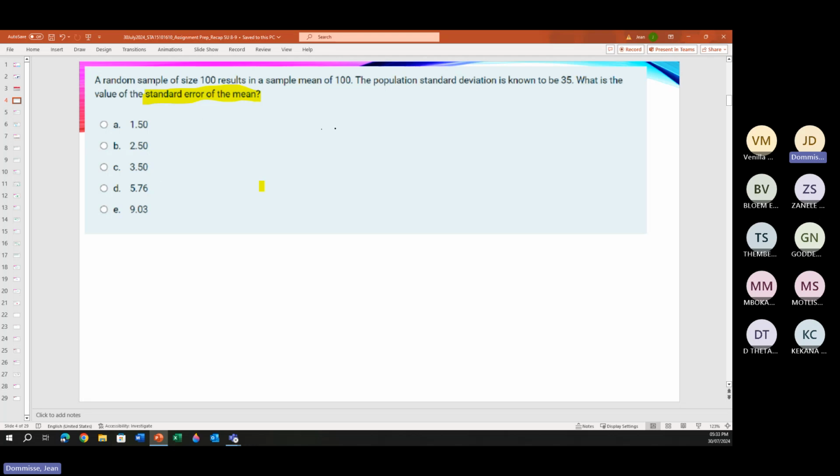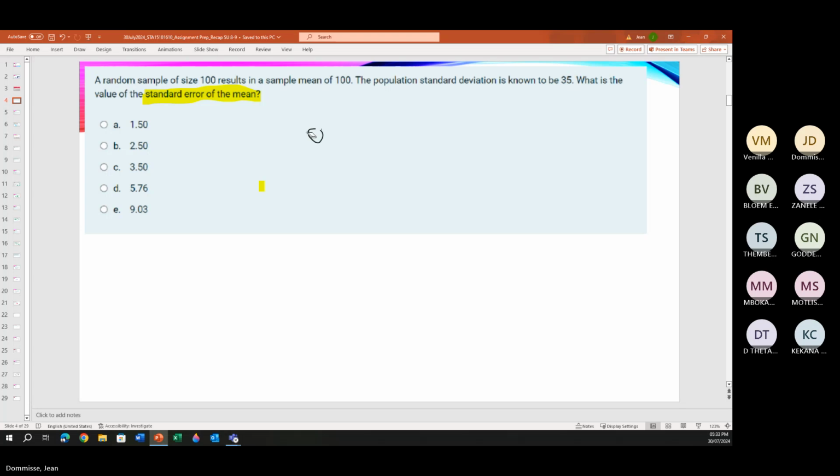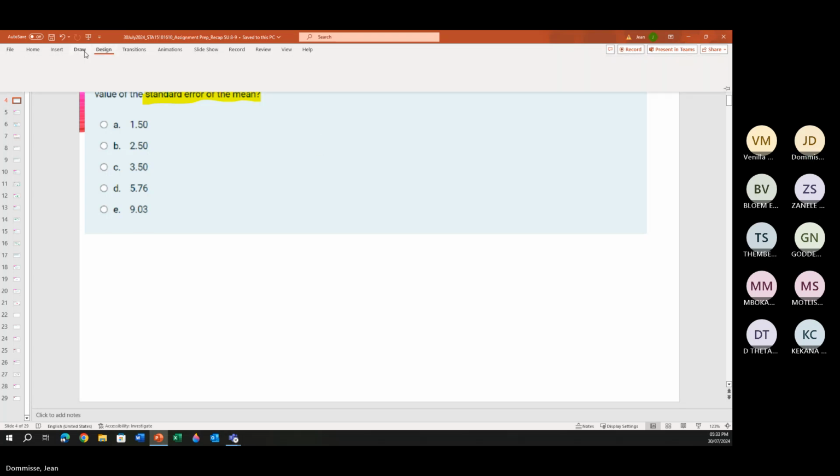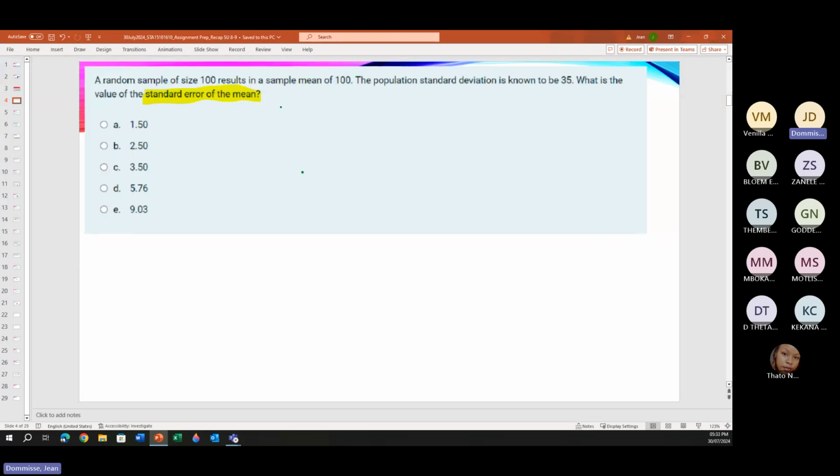So we start off with a question on, and that is way too small, so let me just get okay. So standard error of mean. So if we know what the population standard deviation is, this is the formula.